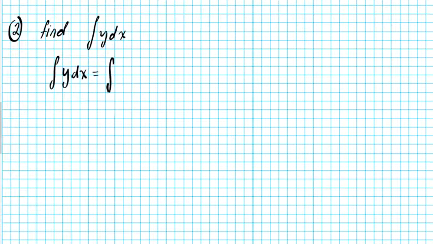Alright, so for part 2, we have to find the indefinite integral of y. We're integrating with respect to x. Okay, so the integral of y dx is equal to the integral of, let me rewrite what y is.